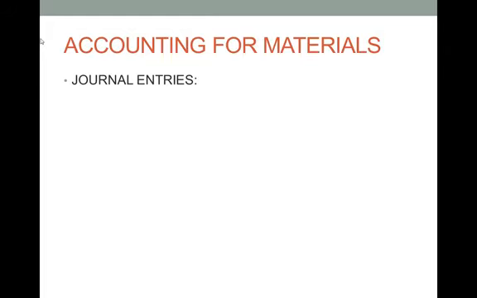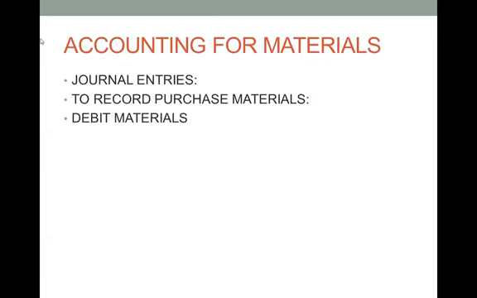These are the indirect cost or factory overhead of materials. So, journal entries to record purchase of materials: debit materials, credit accounts payable. Or sometimes, if you encounter debit stock or stores, sometimes they call it stores or stock.